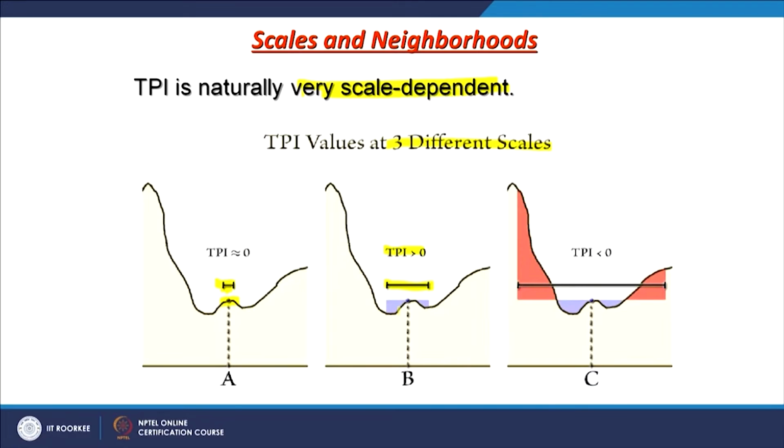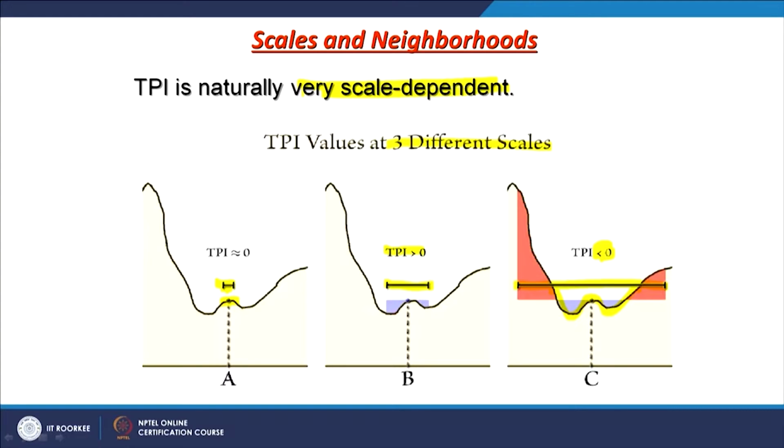And if the scale is very small and a very large area is being looked at, meaning the spatial resolution of the input digital elevation model is very coarse, in that case all these changes of the ground, upheavals or topographic roughness will not be considered and a large area is taken. That means here the TPI value will become 0.